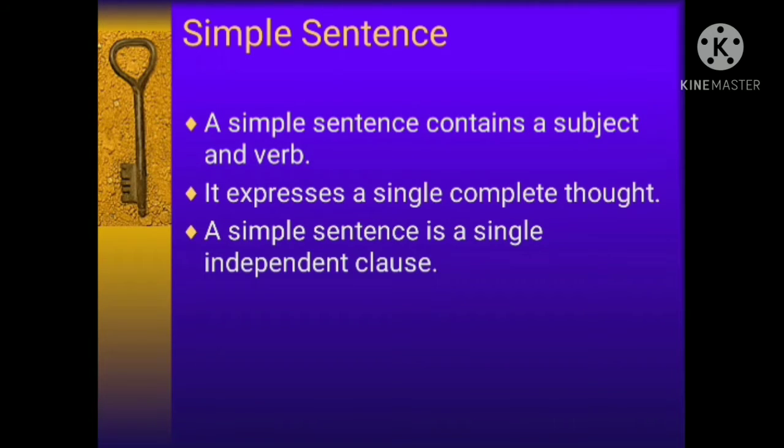Remember, a simple sentence has one independent clause. It has one subject and one predicate usually, sometimes two subjects and two predicates. When there are two subjects, we call it a compound subject. Sometimes there can be two verbs or two predicates, which is called a compound predicate. All right.